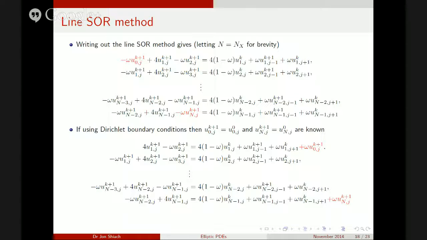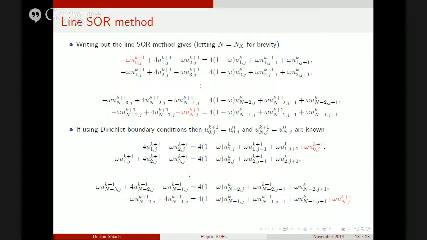It's never going to change. So it's going to be the same as the original value for it, and likewise the node on the other side. So we know what they are. They're not unknown, so we put them on the other side of the equation, and you can see they're labeled in red over there. So where you have boundary conditions, when you know them, just whack them over the other side of the equation.